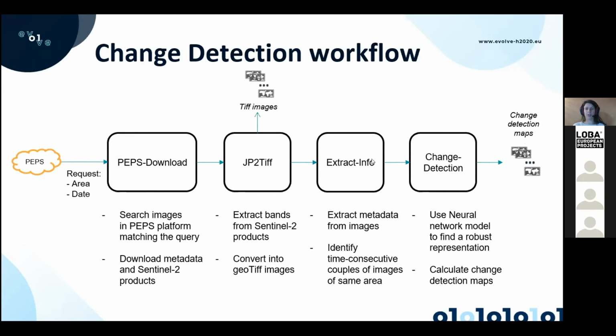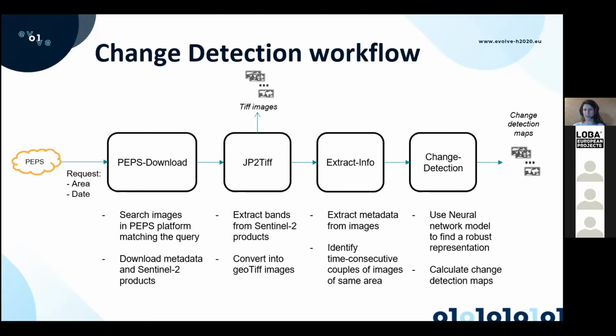The next module, named extract info, consists in extracting the metadata from the GeoTIFF images, mainly the date and the area. Then it will group all the images that represent exactly the same area, and it will sort them in chronological order in order to create time series.